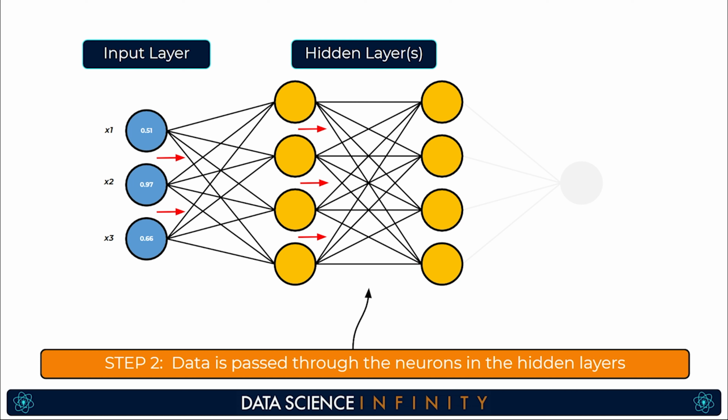There aren't any strict rules that explicitly tell us how many of either we should have. The more hidden layers there are, or here in the image, the more yellow columns of neurons, the deeper the network is considered to be. And the more neurons we have in our hidden layers, the wider our network is considered to be, which all seems a bit counterintuitive based on how we visualize neural networks.